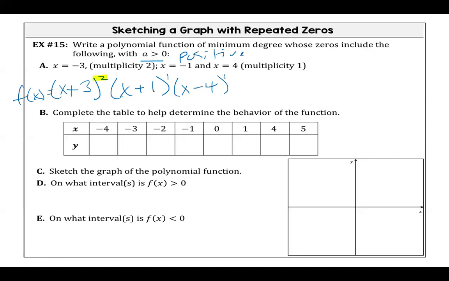So we have 2, 1, and 1. So what degree is this? It is a 4th degree polynomial. Do we see that? Okay. Your degree is based off of the multiplicities of your factors, of your x's, of your zeros, whatever word you want to use, but it's based off the multiplicities. Okay.